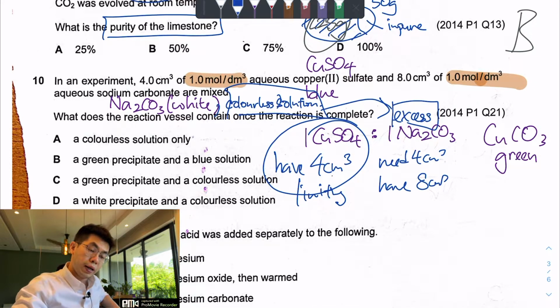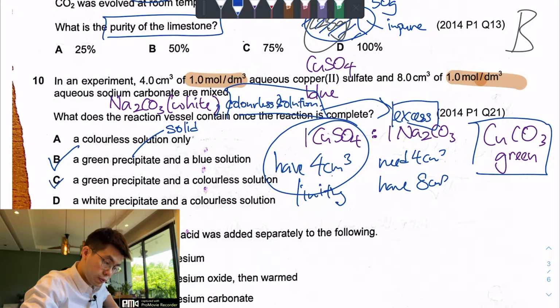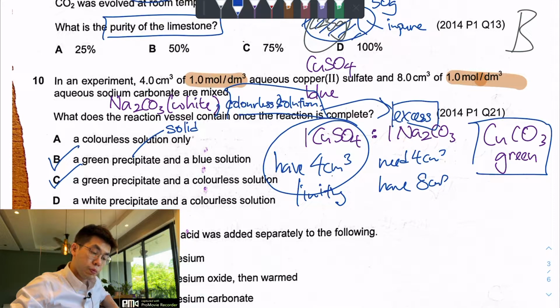But we will produce this green color, which is a green precipitate. Precipitate, I'm sure you have learned in lower sec, means a solid. So we definitely have produced a green precipitate, so it's either B or C, but now it's whether it's going to be a blue solution or colorless solution. If there's a blue solution, it would mean that there's copper sulfate left.